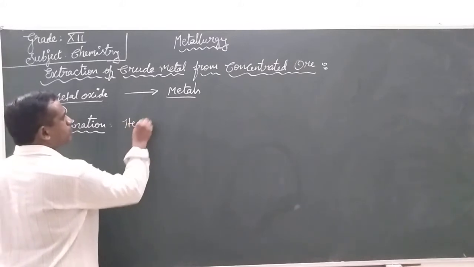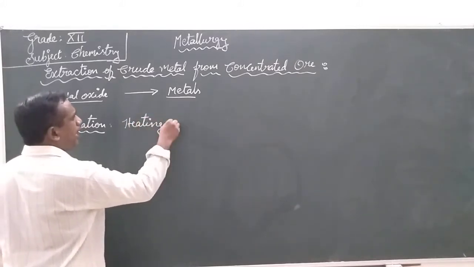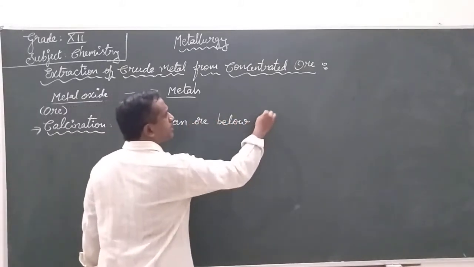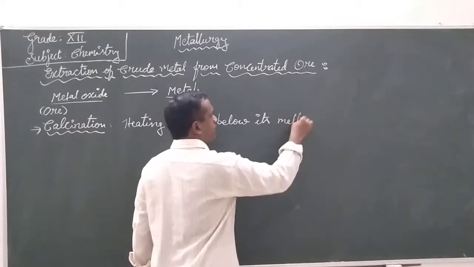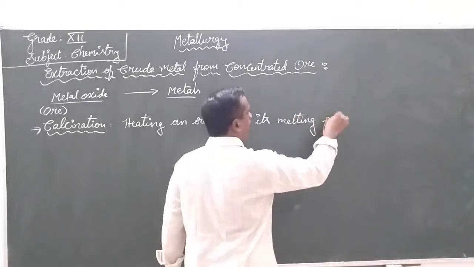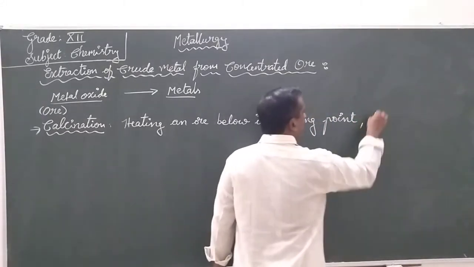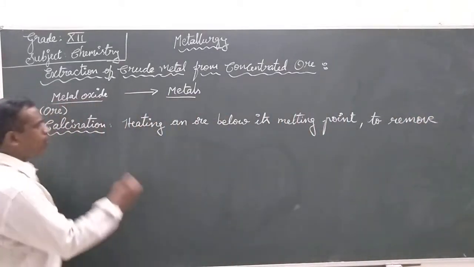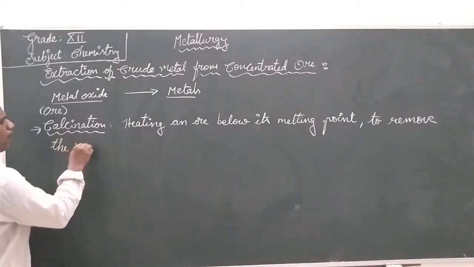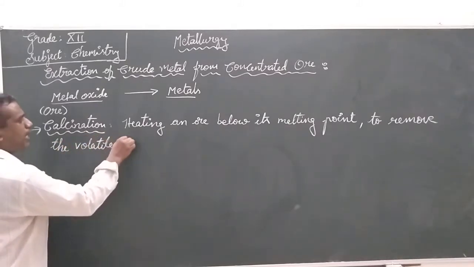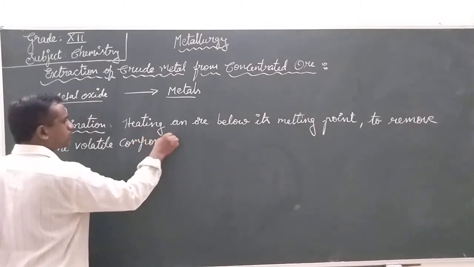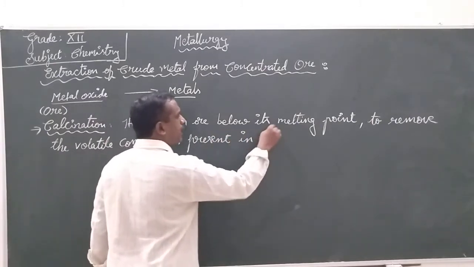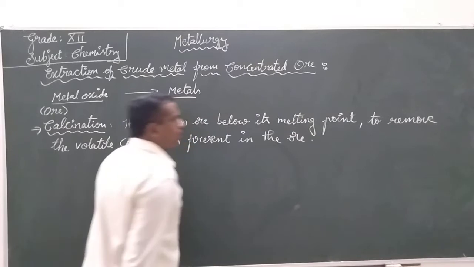Heating an ore below its melting point to remove the volatile components present in the ore. What are we doing?